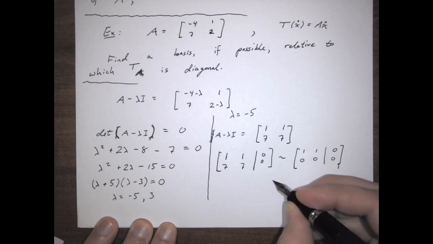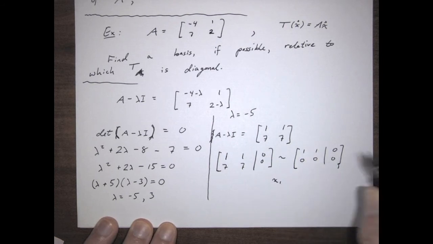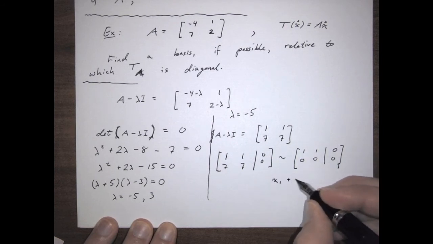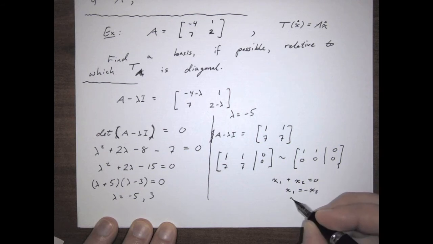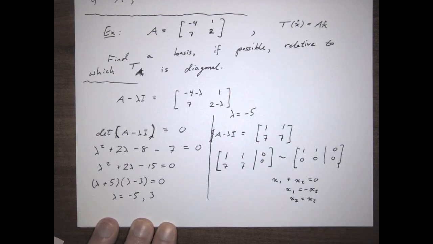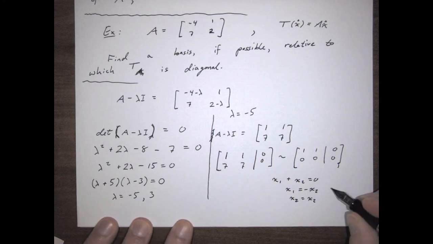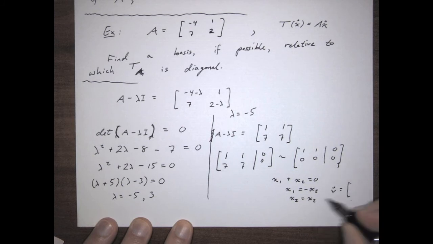So what this means is x1 plus x2 equals 0, which means x1 equals negative x2. x2 is free, so it equals itself. And then that means we're going to have a v of negative 1, 1.